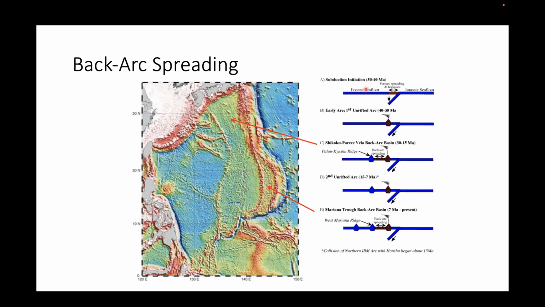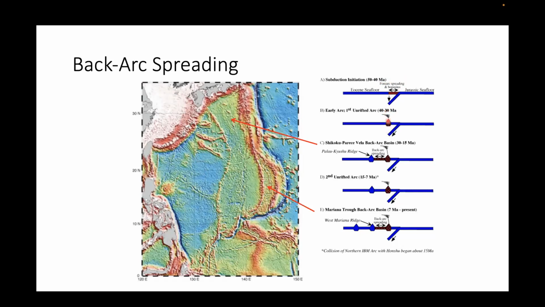Now looking at this schematic model. The subduction zone along this Mariana system initiated about 50 to 40 million years ago. When it becomes initiated, it will generate the first arc crust, and this will last for about 10 million years.